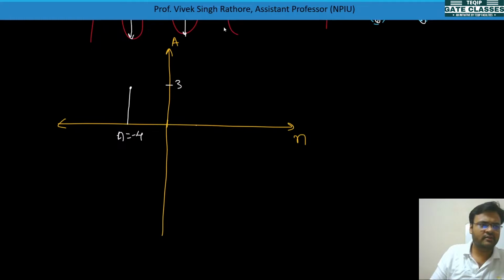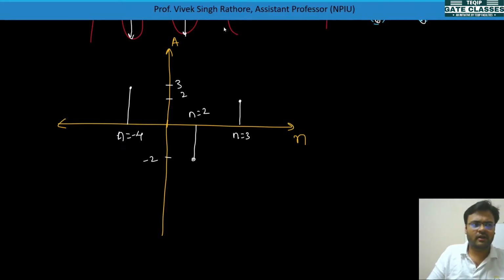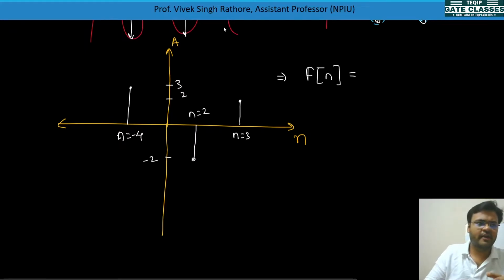One value is at n is equal to 2, and the value is -2. Some value is defined at n is equal to 3 also, maybe 2. So let's see how we can write it down. It is written as f[n]. Earlier the continuous time signal was written as f(t). Now it will be written as f[n], in curly brackets like this.